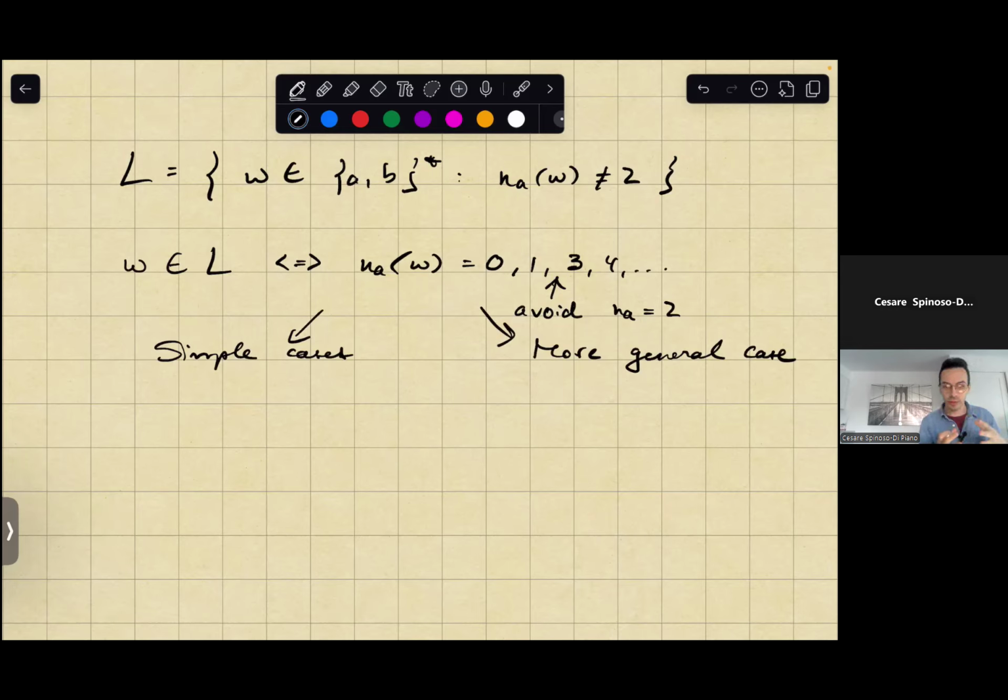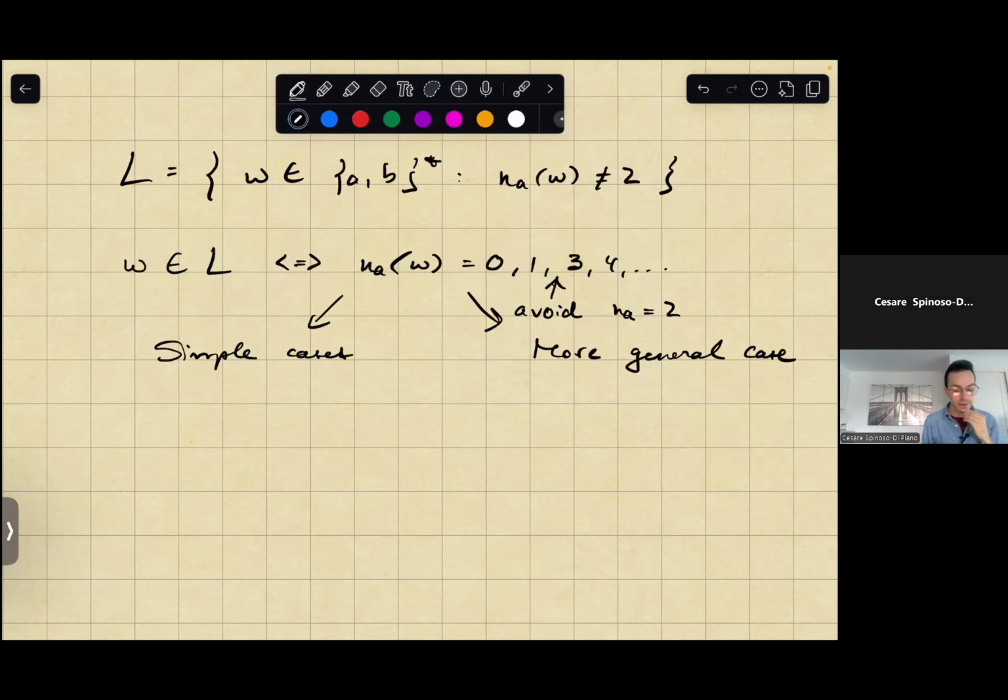When you notice that there are some very basic, simple cases, and then a more general case, sometimes it's easier, instead of putting everything into a single regular expression, to consider each case individually and then use the plus or the or operator. That's what we're going to be doing here.